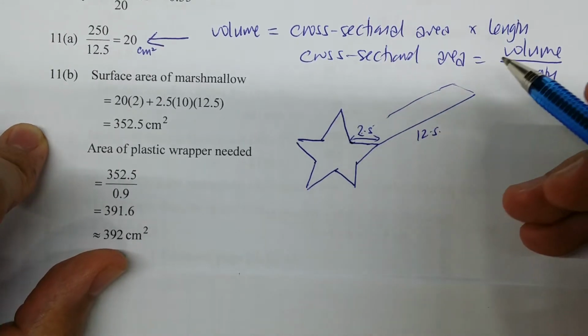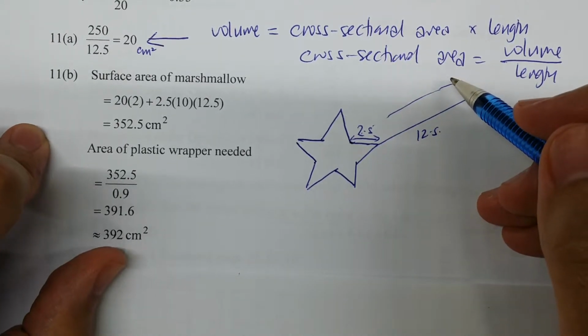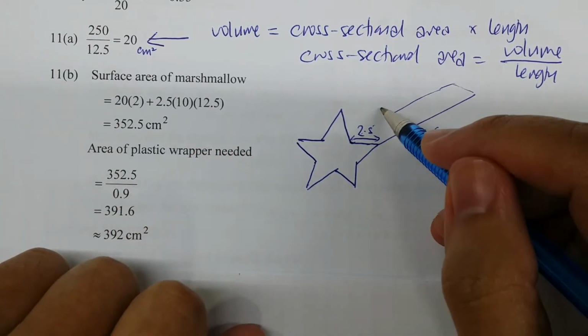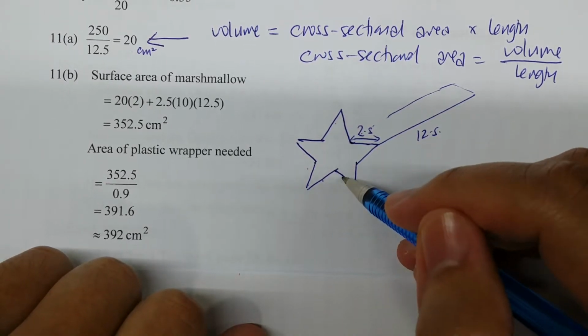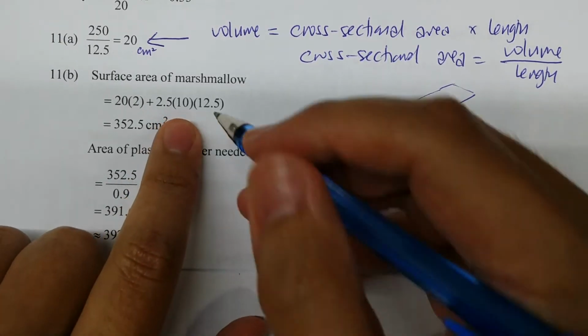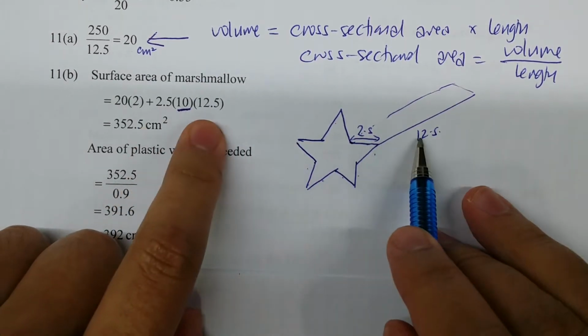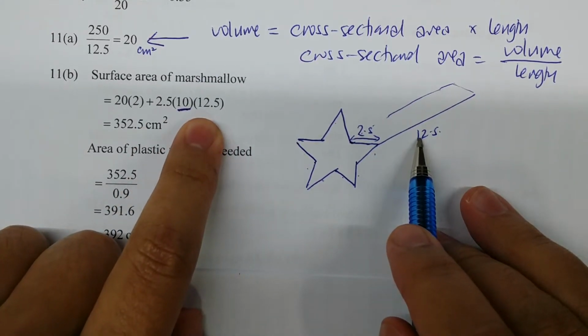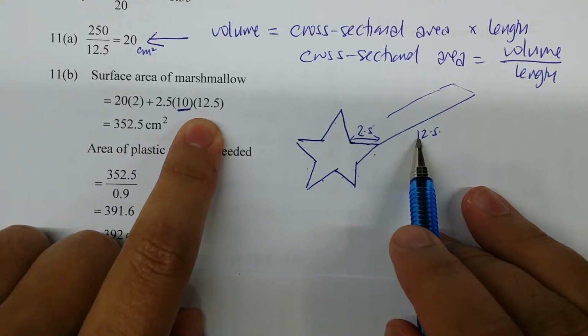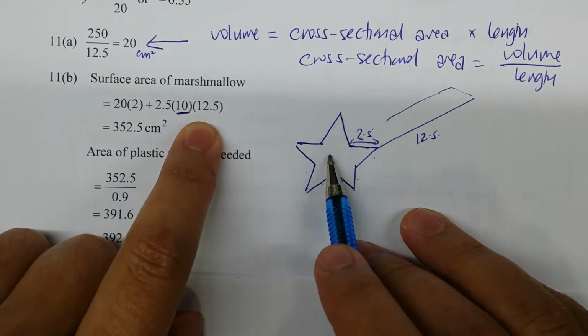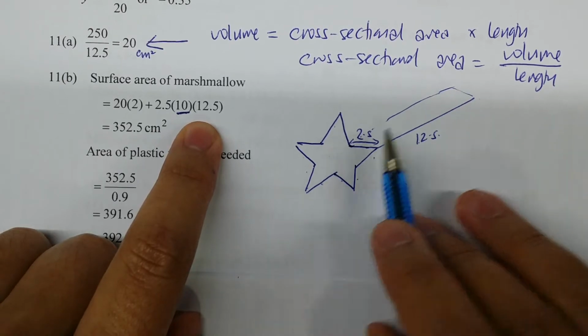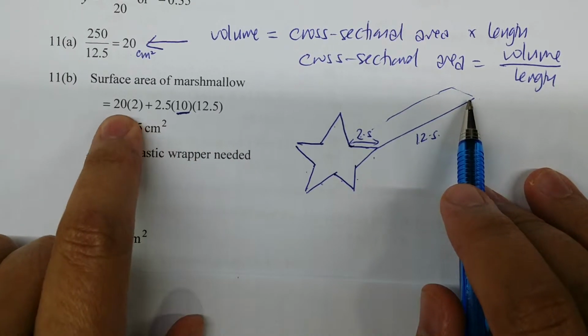How many rectangles are there? 1, 2, 3, 4, 5, 6, 7, 8, 9, 10. There are 10 rectangles of 2.5 times 12.5. Then what about the area of the star, in front and at the back? So 2 times 20.